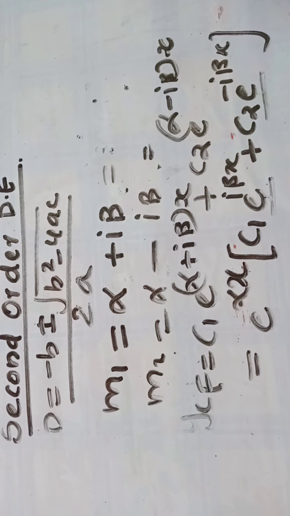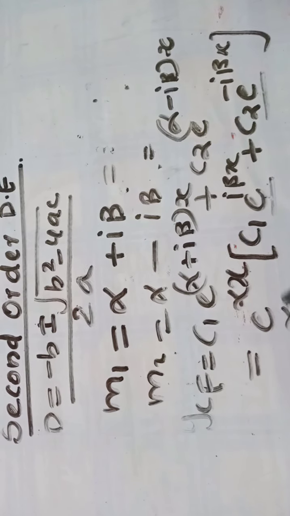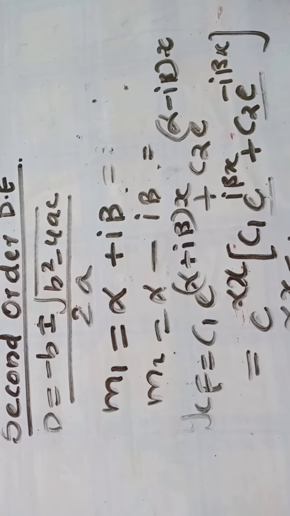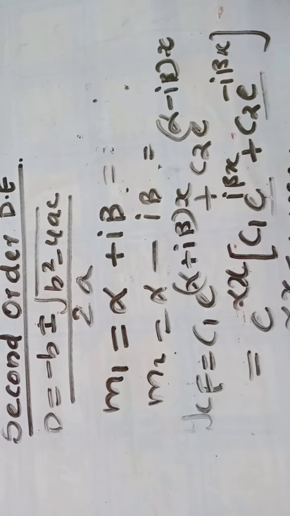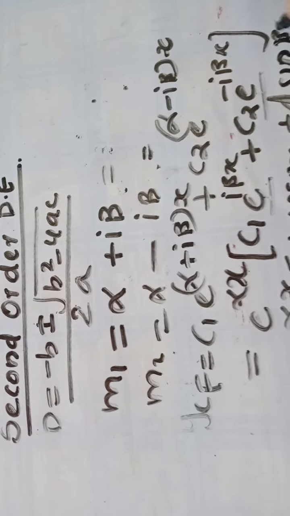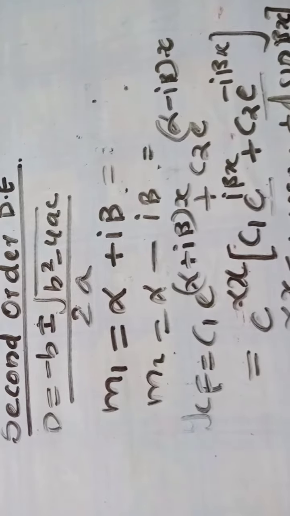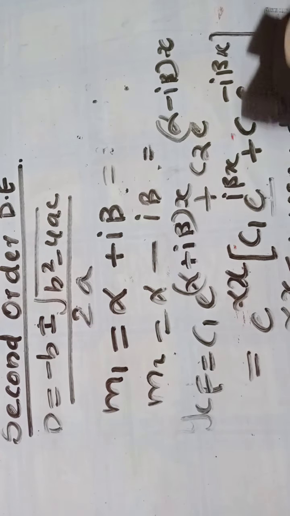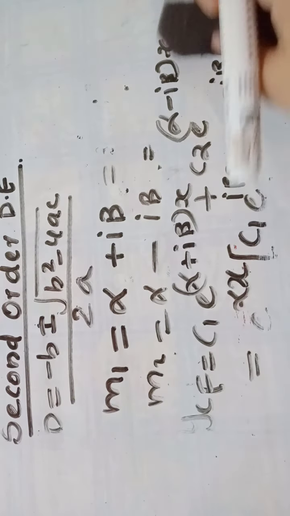By adding these, we get e^(αx) times some constants, (d1 cos βx + d2 sin βx).